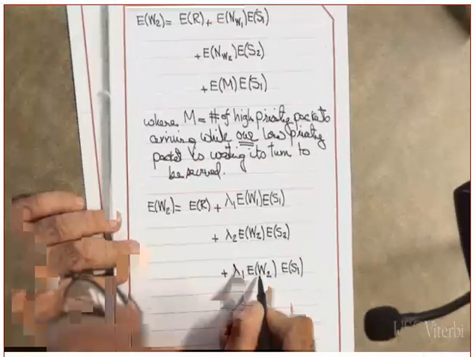What is E of W2 equal to? E of R times 1 minus rho 1 times the quantity 1 minus rho 1 minus rho 2. What is E of W3? E of R times the quantity 1 minus rho 1 minus rho 2 minus rho 3, times the quantity 1 minus rho 1 minus rho 2. Did you get this or not?